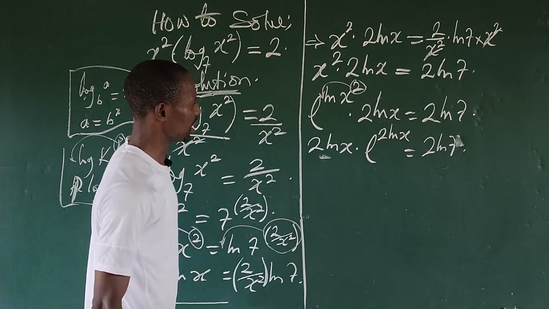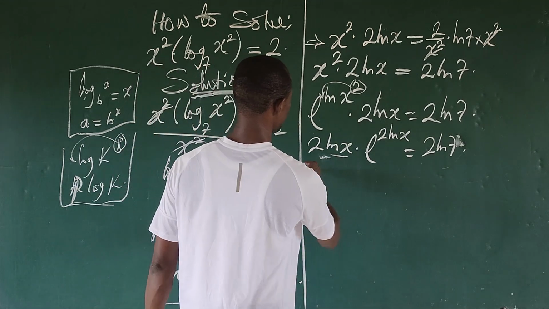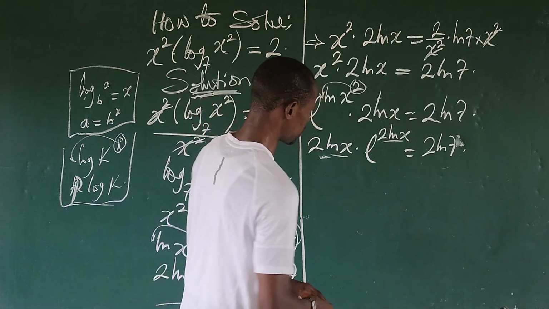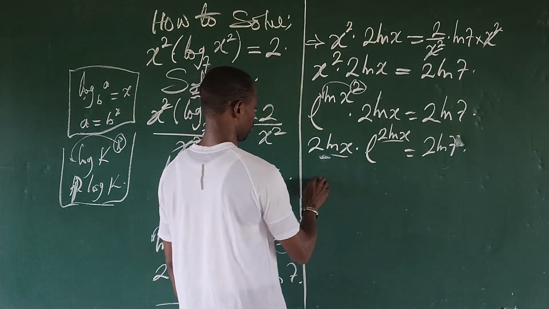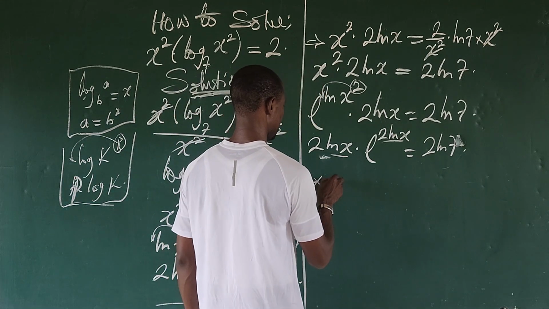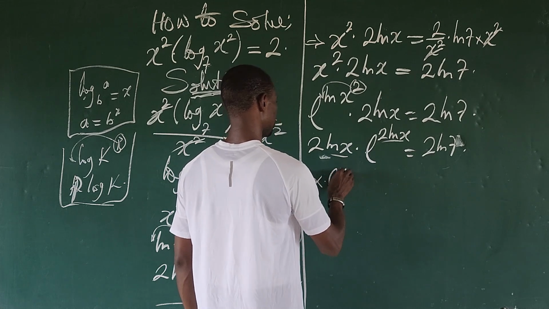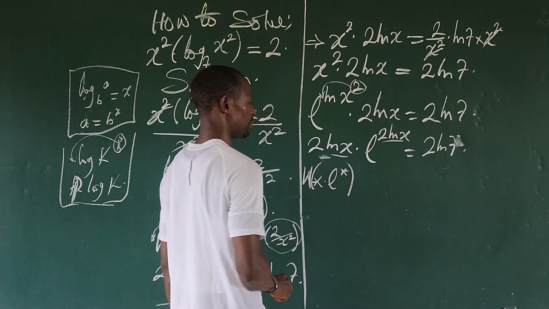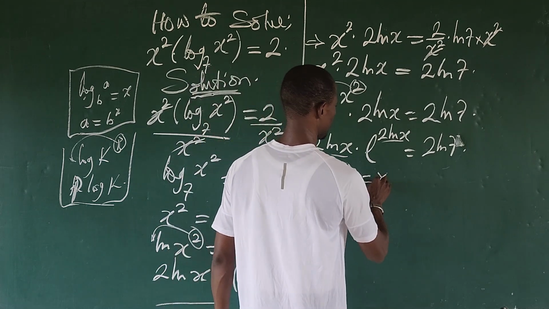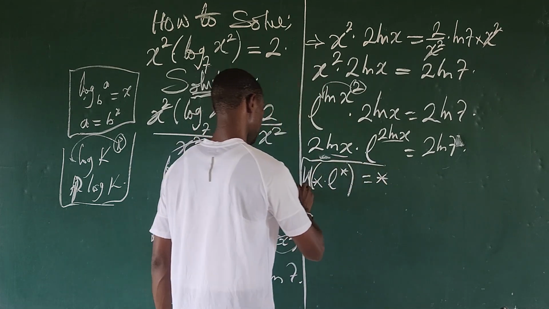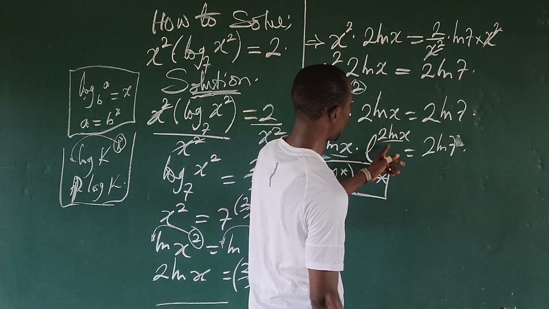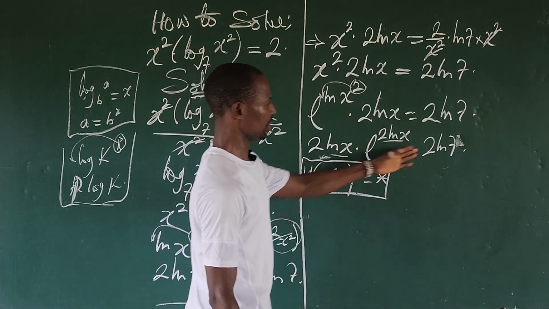Observe that what we have at the exponent and what we have at the base are the same. So we invoke the Lambert W function, which says that if you have a star times e to the power of a star, and we take the Lambert W function, this is going to give us a star. So if we keep to this rule, then we can invoke the Lambert W function into the system here.